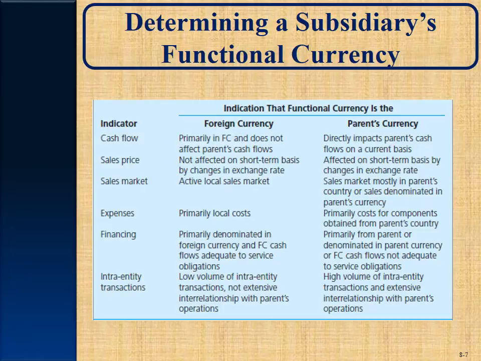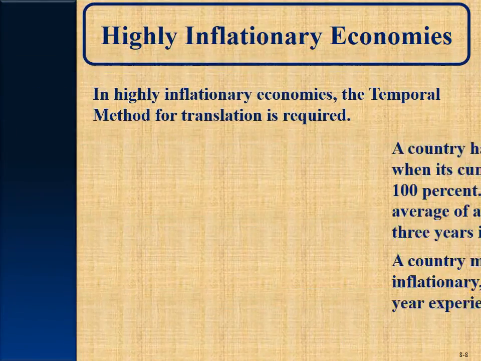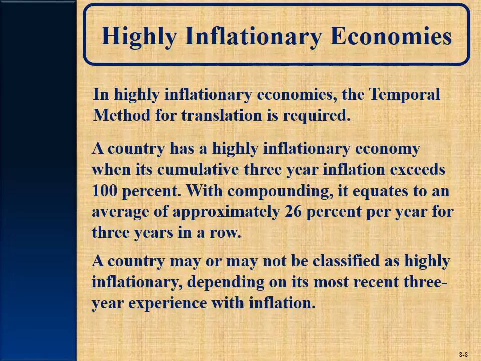Depending on the answers to these types of questions will determine if it's the foreign currency or the parent's currency. If it's a foreign currency as the functional currency, you're going to take the current rate approach to translating the subsidiary's financial statements into United States dollars. If it's the parent's currency, you're going to use the temporal method. Now, in highly inflationary economies, and they'll be defined, and this is talked about on page 377.